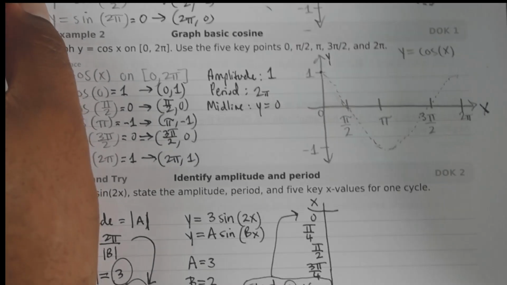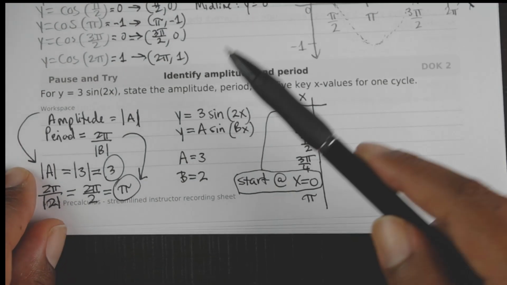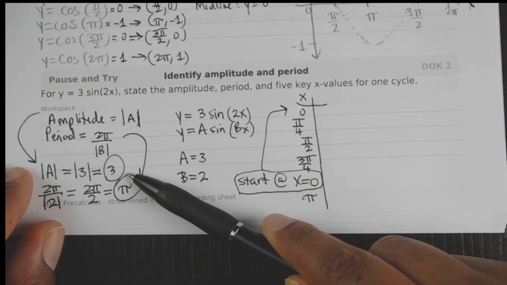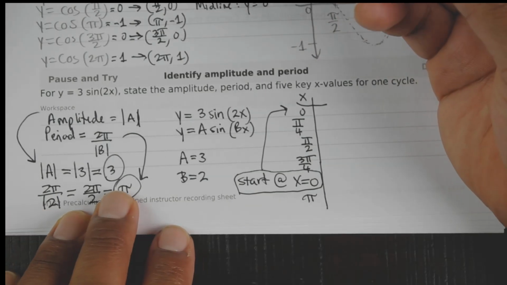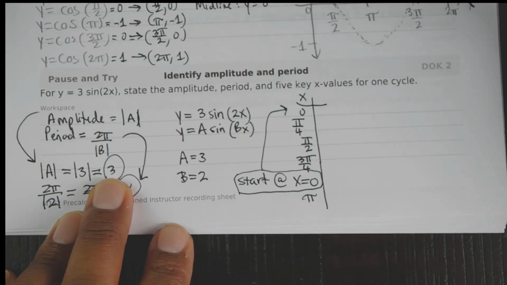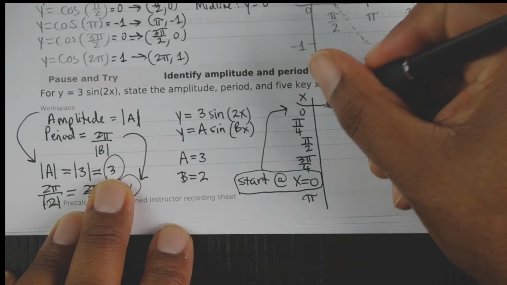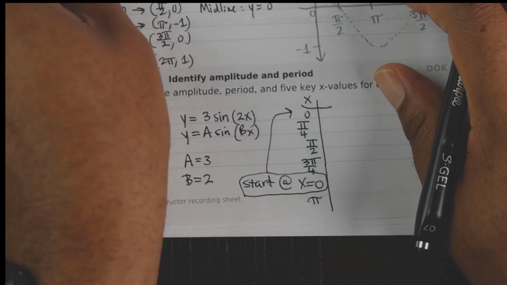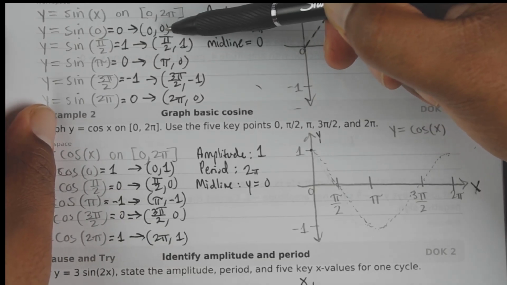Okay, so since the amplitude here is 3, the y values are going to be amplified by 3. So these points right here would be amplified by 3. Okay, so that's how you got to think of it.